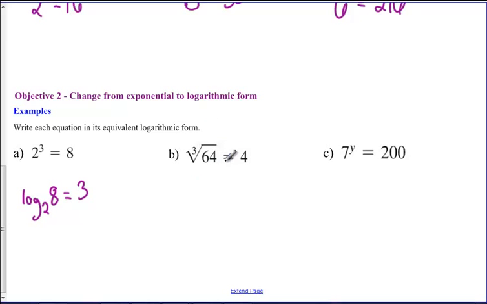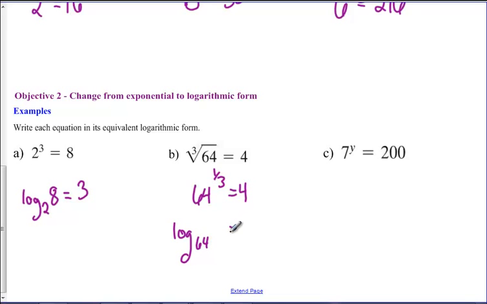This was the tricky one. The reason this one was so tricky is because we had to change that radical to an exponent. So this is the same as 64 to what power? Yeah, to the 1/3 power equals 4. Whatever number is in the little crook of that radical, that's going to be the bottom of the fraction in your exponent. So if I want to rewrite this in log, I've got log base what?